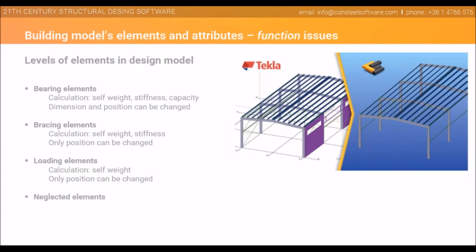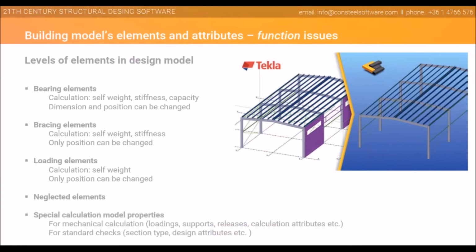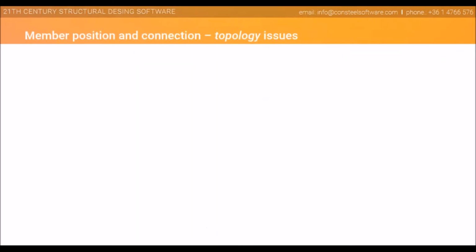And of course, there are some neglected elements or non-structural BIM objects such as furniture, mechanics, etc. In the case of bearing, bracing and loading elements, we need extra properties for the calculations, such as releases, stiffness, supports, loadings, section types, etc.